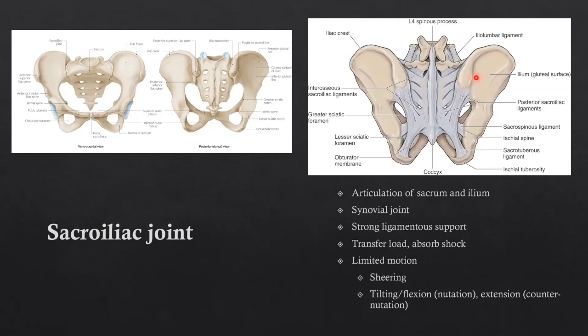Again, this is a synovial joint, and it is really reinforced by various strong ligaments. We won't get into the specific ligaments here for the sacroiliac joint. Just note that this joint is especially important for transferring load and absorbing shock, especially while we move, jump, run, etc. Our ability to dissipate forces mainly occurs here at the SI joint.